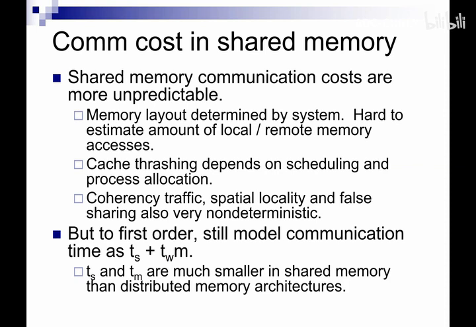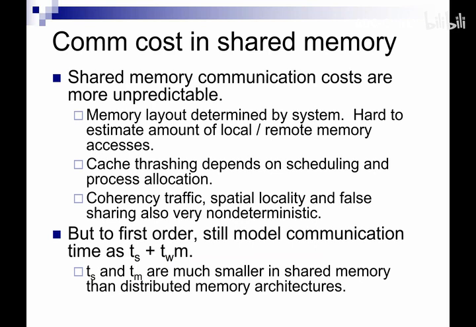Now, modulo this unpredictability, the total communication time is still going to involve these two parts: the startup time plus the per-word transfer time times the amount of data that you want to transfer. So despite this unpredictability, we're going to have the same overall formula for communication cost in the shared memory setting and the distributed memory setting.